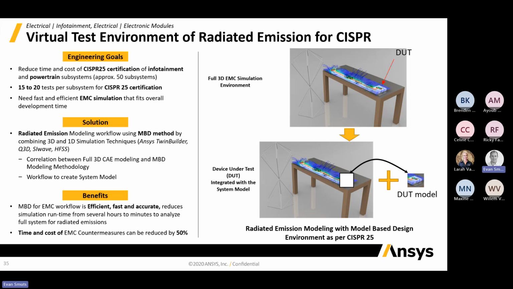So when we work with packages like HFSS or Q3D, we can actually virtually reconstruct these different test scenarios with all the different components, right down from the test bench to the whole anechoic chamber. And so we can then get quite realistic results that we should see in reality in the actual tests.